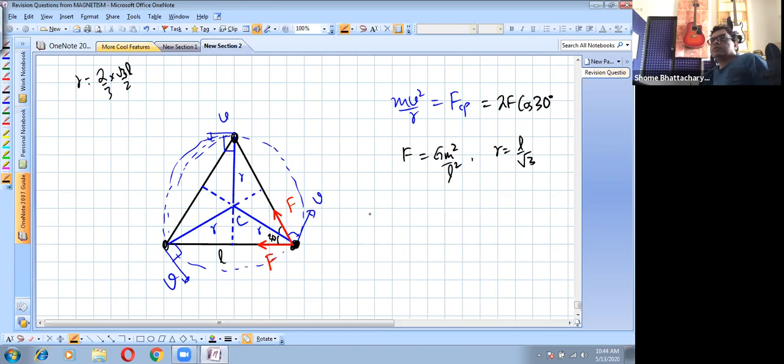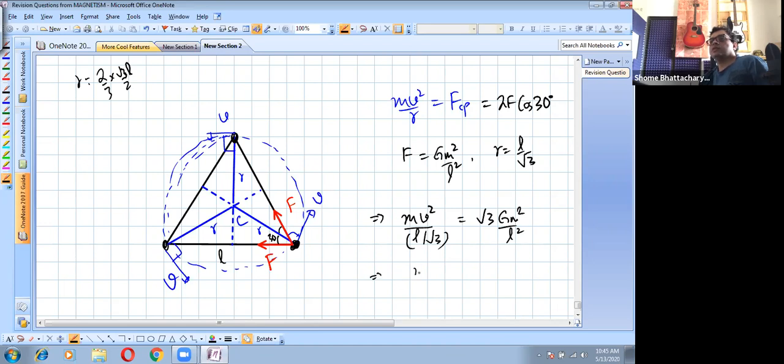So anyway, let's substitute this now. So mv square divided by L by root 3 is equal to root 3 times, because cos 30 is root 3 by 2, Gm square by L square.